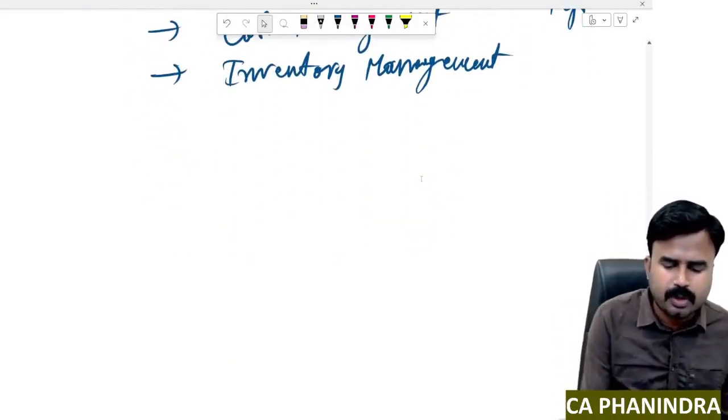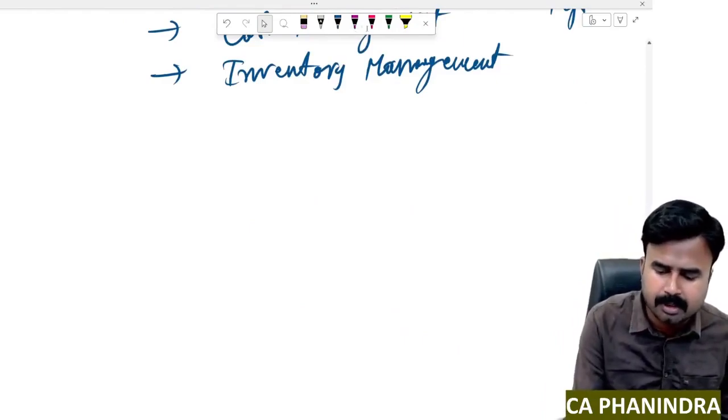So let me start with the first concept, estimation of working capital requirement. That's our first concept.